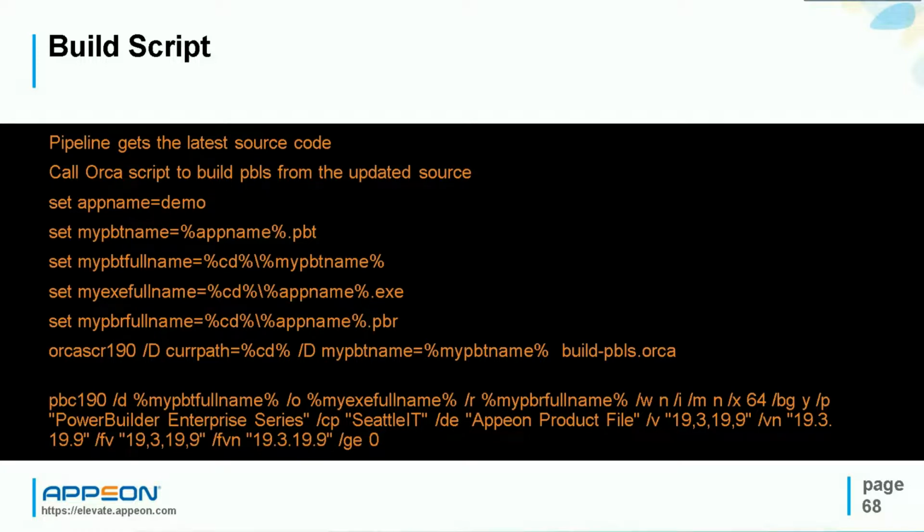That's where it passes those two variables that we just saw in the Orca script, the current path and the PBT name. And then that's the name of the Orca script, build-pbls, and then we build the executable and the PBDs with the PBC190 command there.